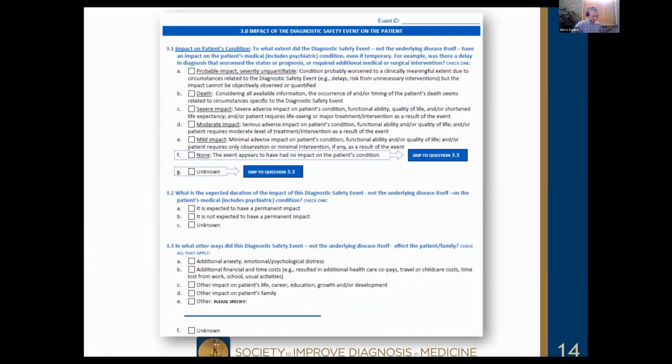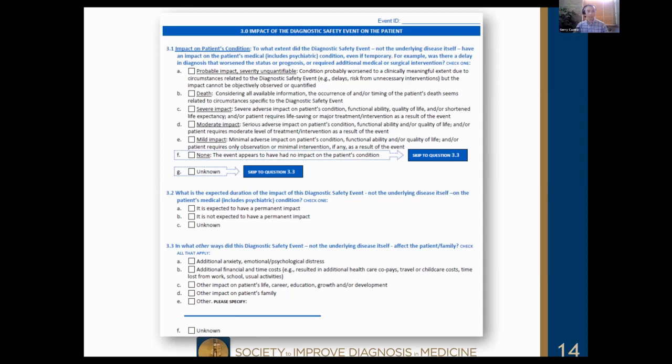So this is a screenshot of the actual form, and this section talks about the impact of the diagnostic safety event on the patient. As you can see here, item number 3.1 talks about the impact on the patient's condition. This is what we call, in technical jargon, a harm scale. So it can be no harm up to death as the consequence as far as an impact to the patient.